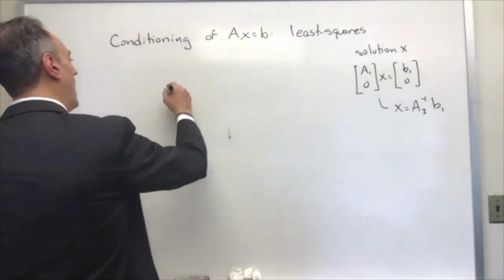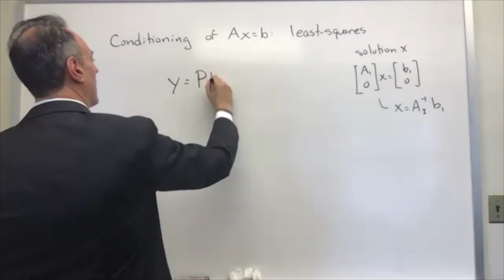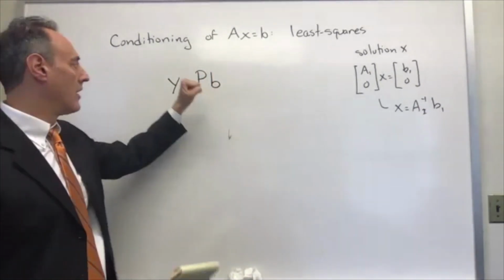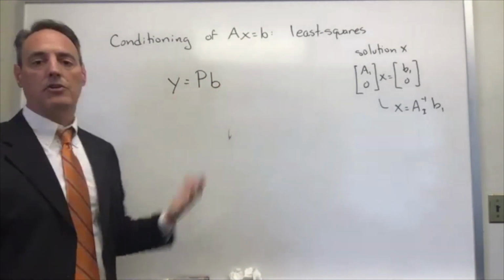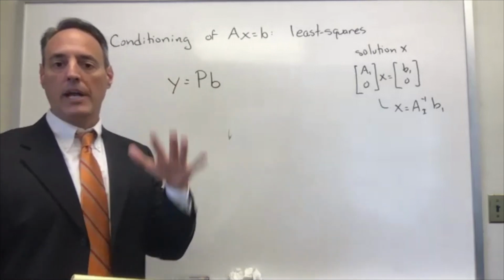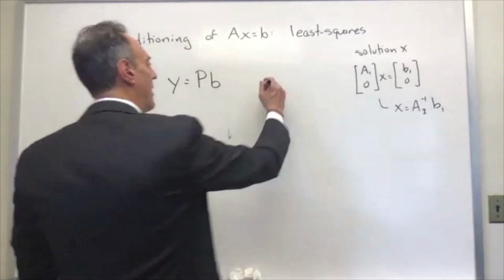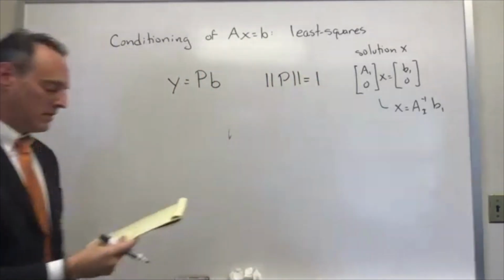Okay, so remember that Y itself is the projector acting on B. In other words, take this projector, I had just written it down there, take the projector, hit it on B, that's going to get me into the Y, and Y is in the range of A. Now remember that a projector is unitary, so I have that.